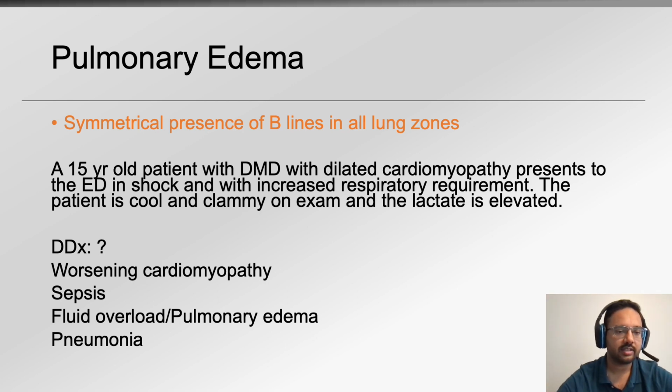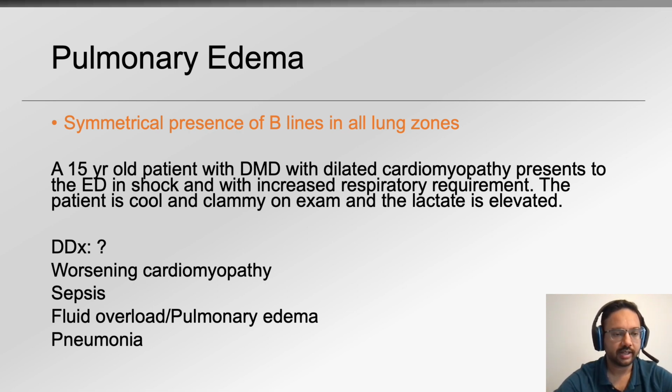So here's a little case vignette for you, which may help you think through what kind of patient this might be helpful for. A 15-year-old patient with Duchenne's muscular dystrophy and dilated cardiomyopathy presents to the ED in shock and with increased respiratory requirement. The patient is cool and clammy on the exam, and the lactate is elevated.